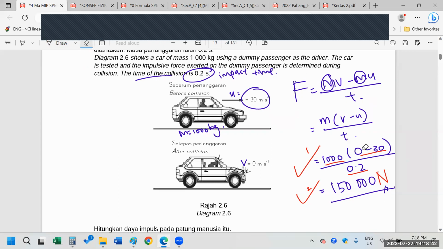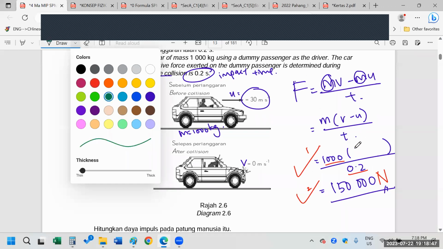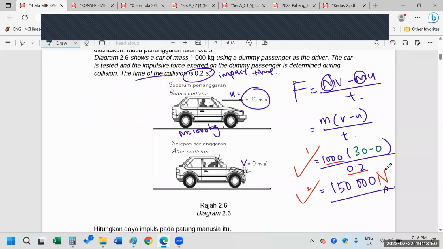Now you may ask, teacher, if I write 30 minus 0 can or not? They look like the same. Oh, sorry, by the way, negative. The answer is cannot, because they already mentioned before is 30, after is 0. So if you substitute wrongly, sorry, we consider the working wrong and the answer wrong, even though it is negative or positive.